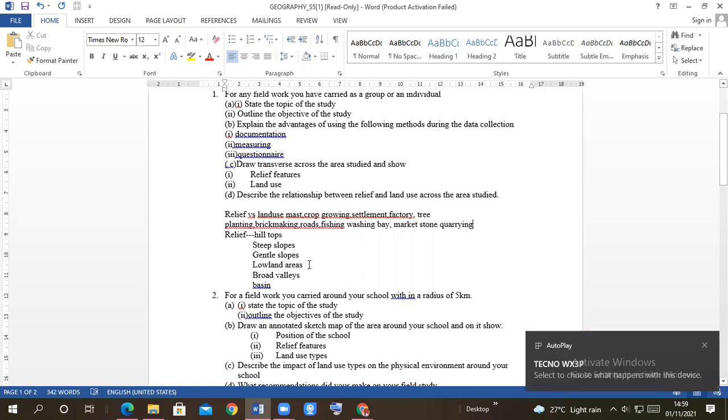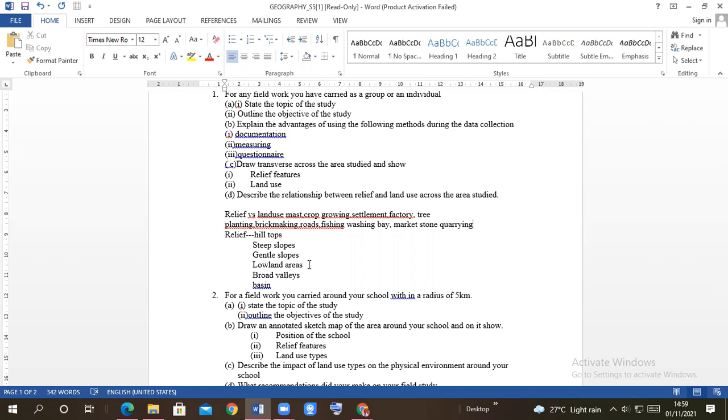Let's go now to lowland areas. In the lowland areas, you can do fishing. Fishing, good. And also in lowland areas, some fishing in the swamps, isn't it? Yes. Broad valleys. Teacher, first tell me what are the broad valleys?